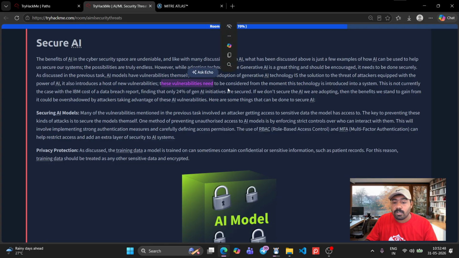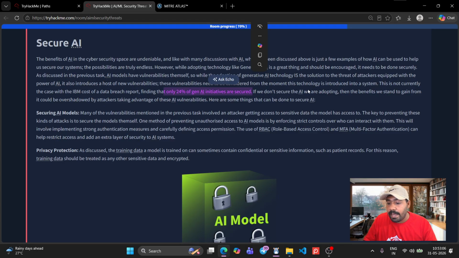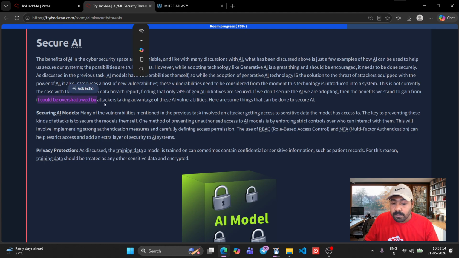These vulnerabilities need to be considered from the moment the technology is introduced into a system. This is reflected in the IBM Cost of a Data Breach report finding that only some Gen AI interactions are secured. If we don't secure the AI we adopt, then the benefits we stand to gain from it would be overshadowed by attackers taking advantage of these AI vulnerabilities.